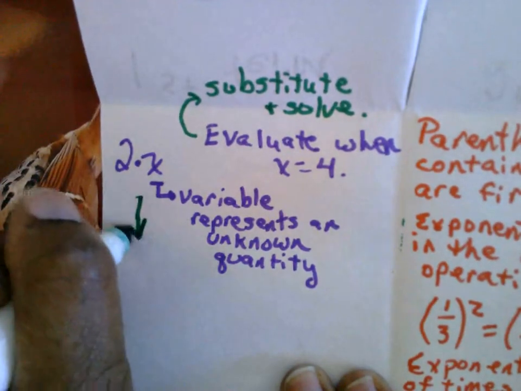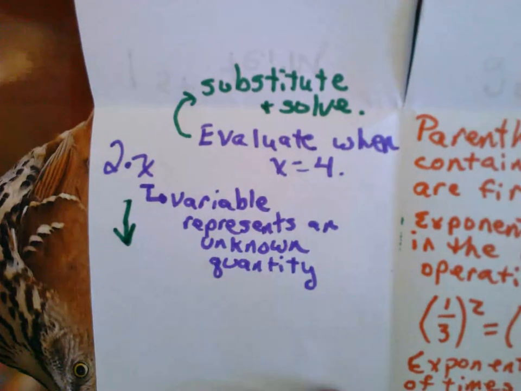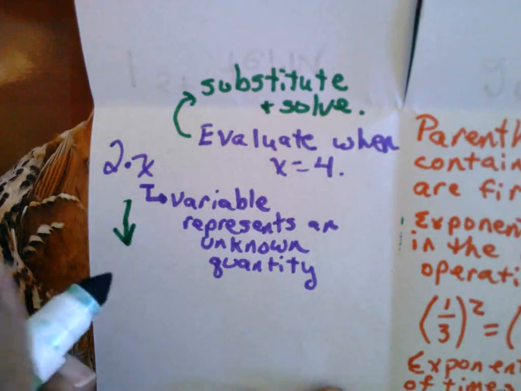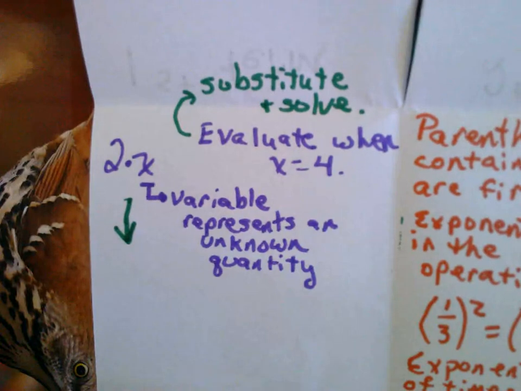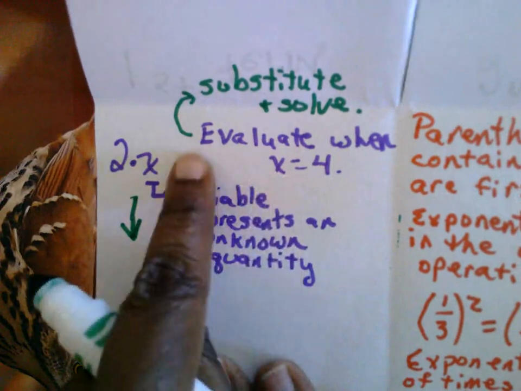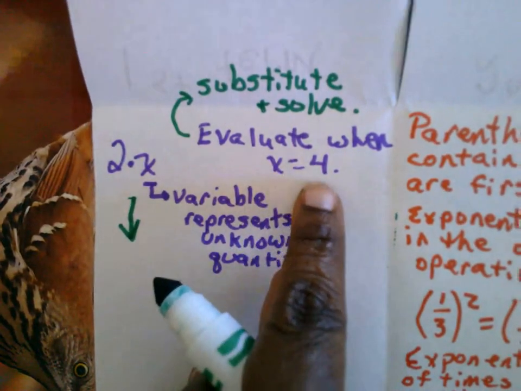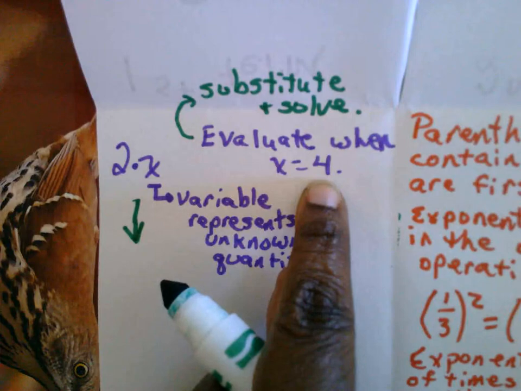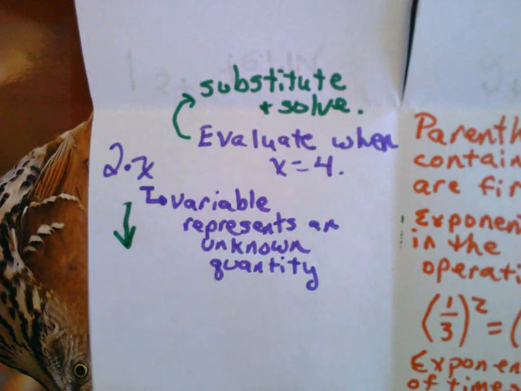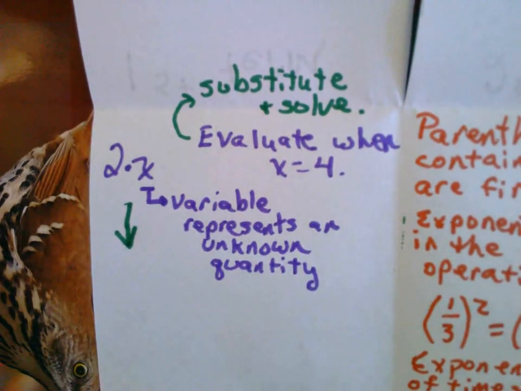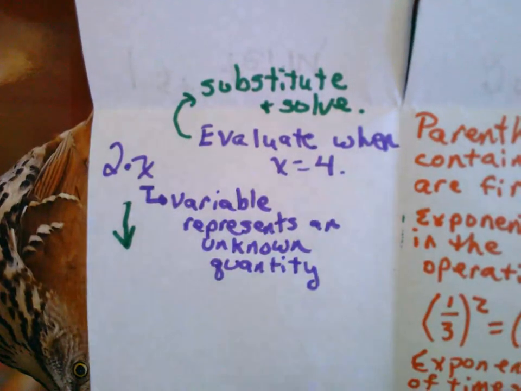What is x going to be for this problem? Because I said that we're going to evaluate when x is equal to 4. And evaluate means to substitute and solve. I just taught you that. You didn't know that before. Now you know it.